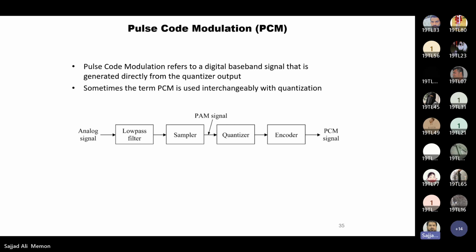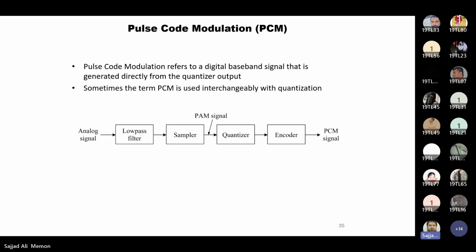Yes, 64 kilobits per second. That is the PCM. One PCM is equal to 64K bits per second, that is 64,000 bits per second. That is what we have when we convert a voice signal from analog to digital. Yes, 64 kilobits per second bit stream.